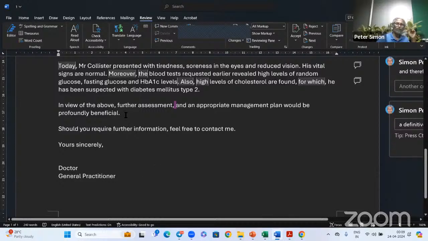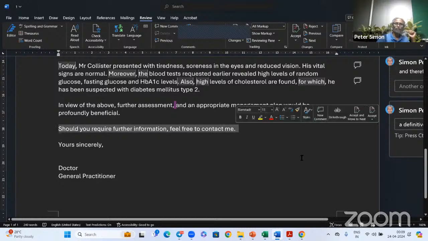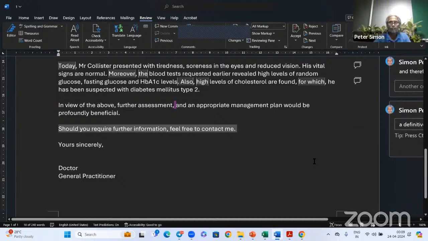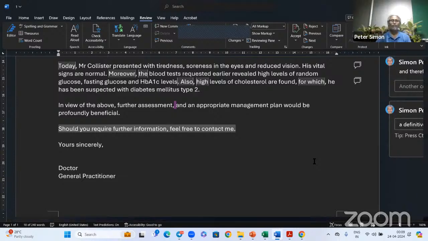And this one you can write continued in the previous paragraph, attached to the previous paragraph. Together it becomes the conclusion.